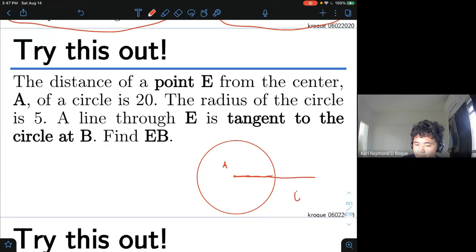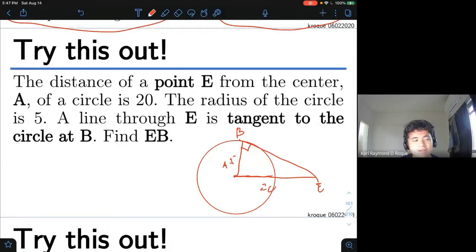E. A line through E is tangent to the circle at B. Yan. 5, 20.